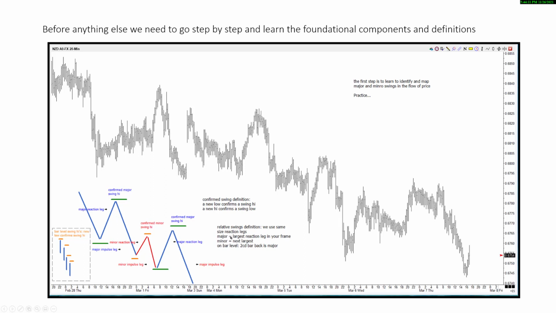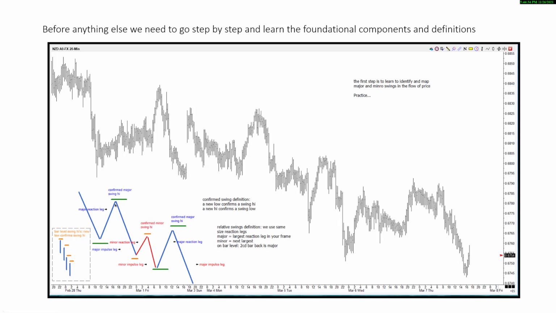Major is going to be the largest reaction leg. The reaction leg is the leg against the overall trend. So this will be a major reaction leg. This will be a major impulse leg. Minor is the next largest. So if we're going to map it with a reaction leg to know the major, it's easy.